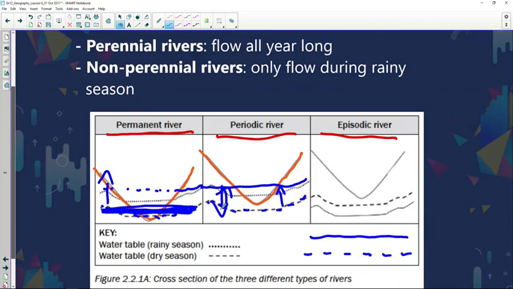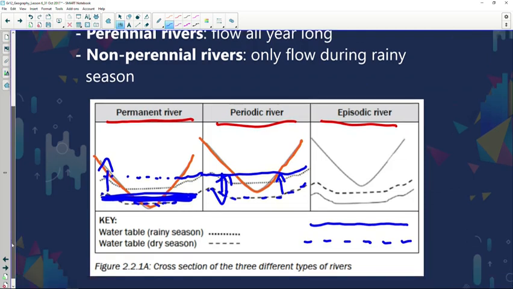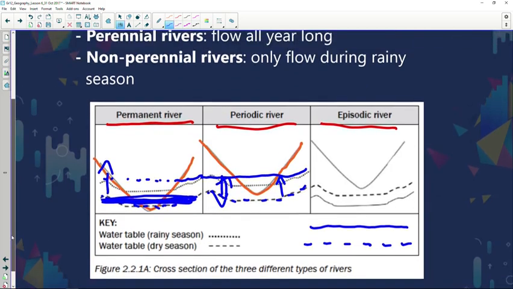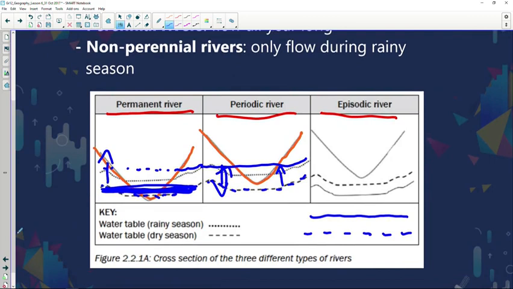Now, an episodic river, and unfortunately, once again, many rivers in South Africa are episodic rivers, is a river that only flows after heavy rainfall and only for a very short period of time.